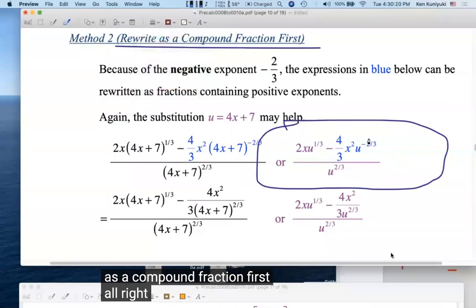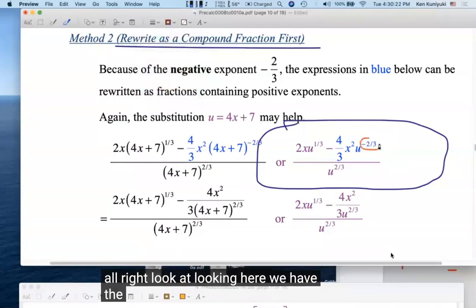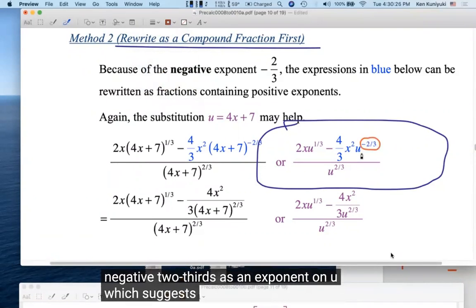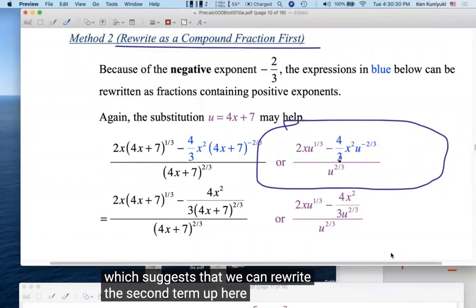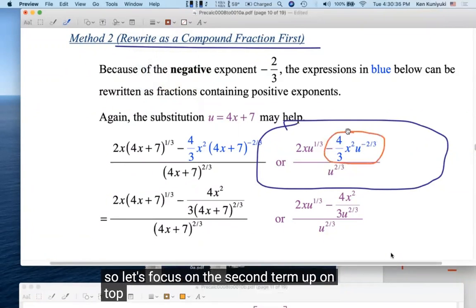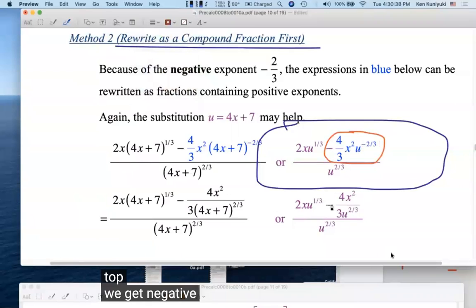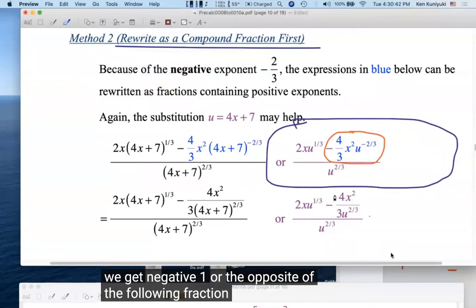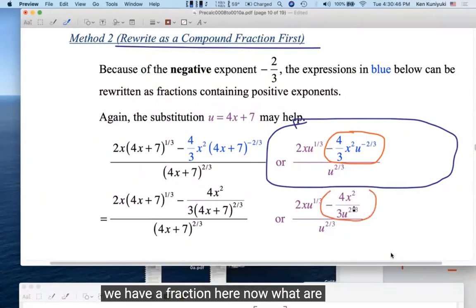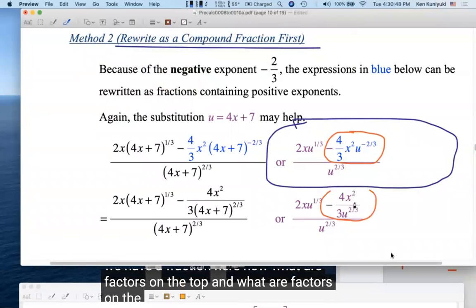Looky here. We have the negative 2/3 as an exponent on u, which suggests that we can rewrite the second term up here as a fraction. So let's focus on the second term up on top. We get negative 1, or the opposite of the following fraction. Now, what are factors on the top and what are factors on the bottom?